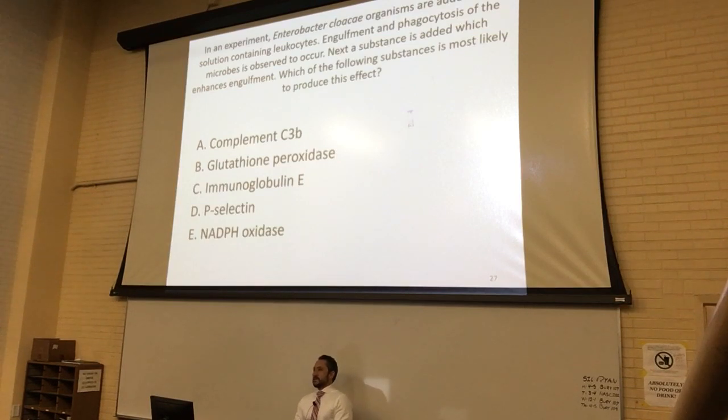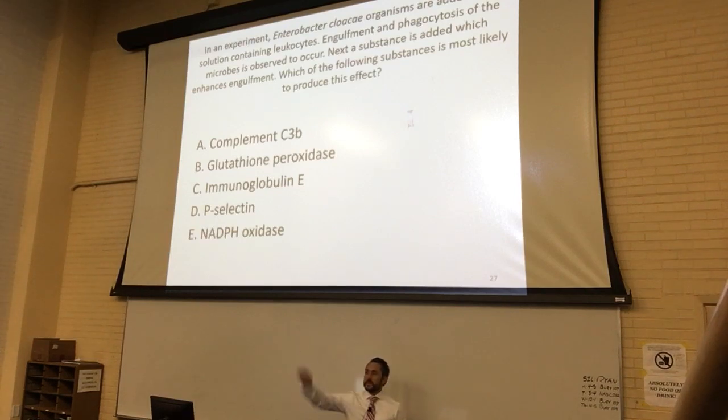What's the key piece of information that helps you answer the question? Phagocytosis happens, and then a substance is added which enhances engulfment. What does that translate to, enhancing engulfment? Opsonization. So now we've got something that's going to stimulate opsonization, or more efficient phagocytosis. Okay?